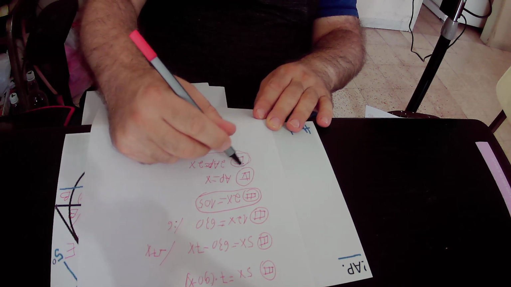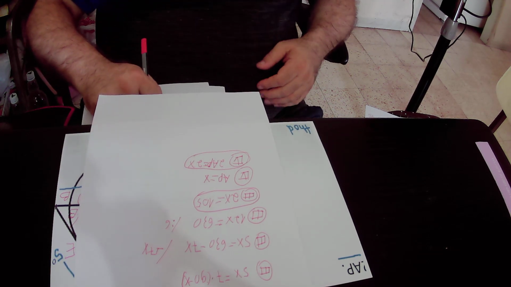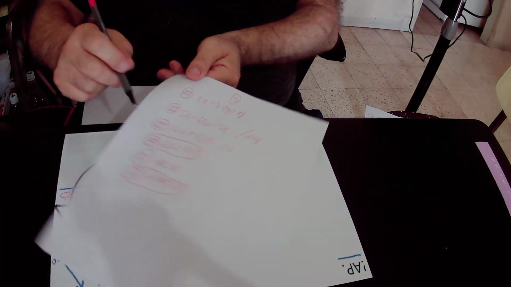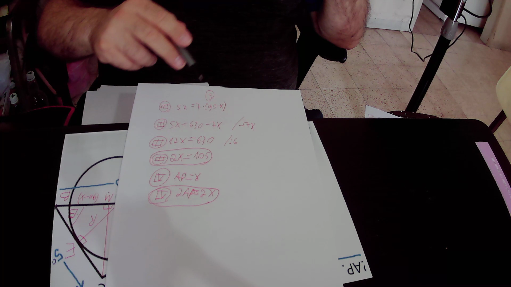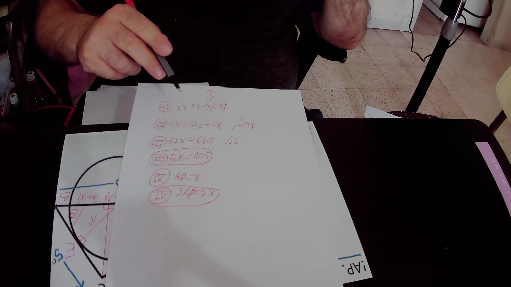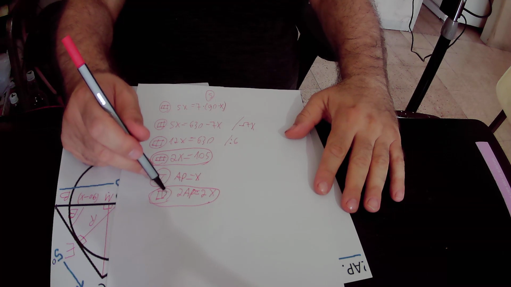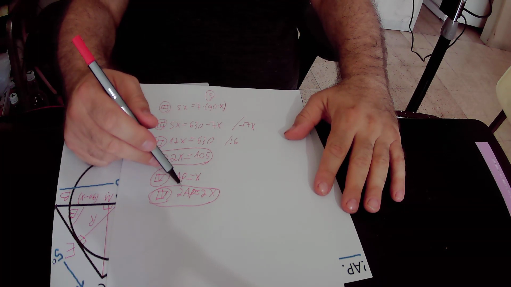So we have here 2 times x; in the third equation, 2 times x equals 105, and in the fourth equation we have that 2 times x equals 2 times AP.